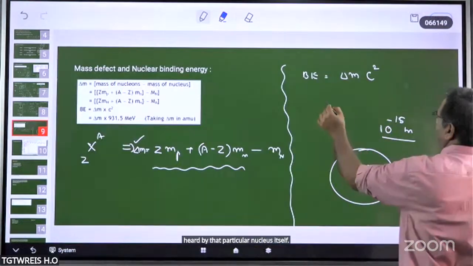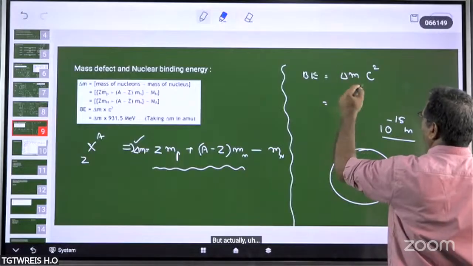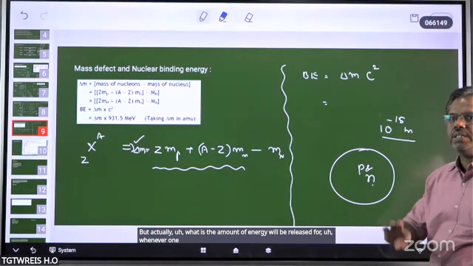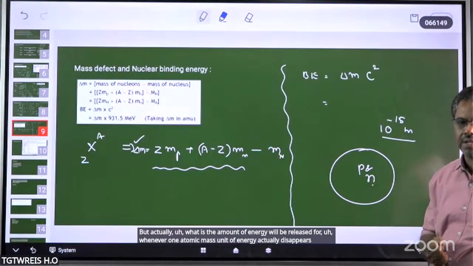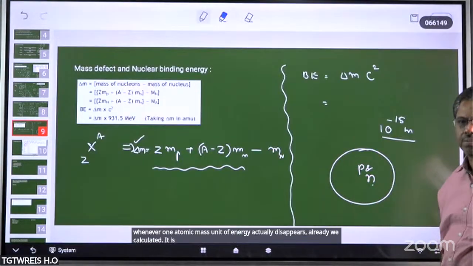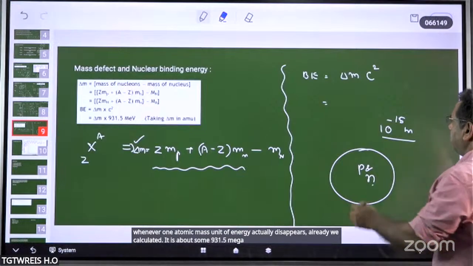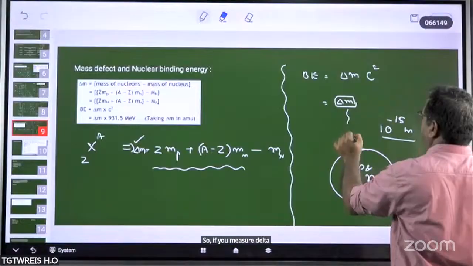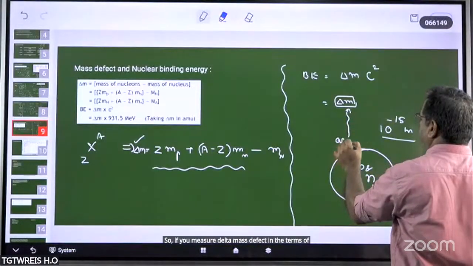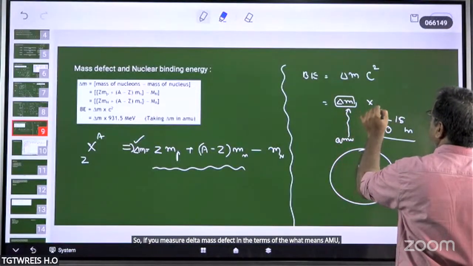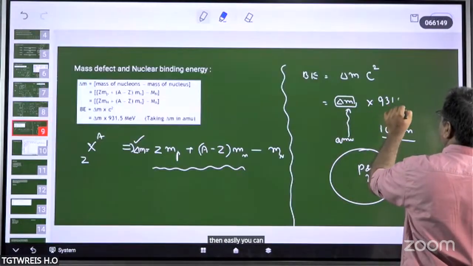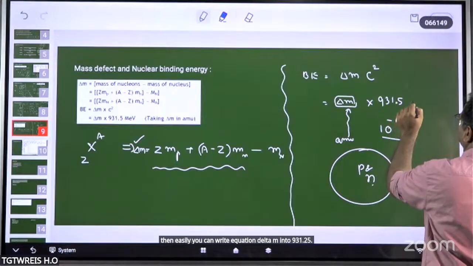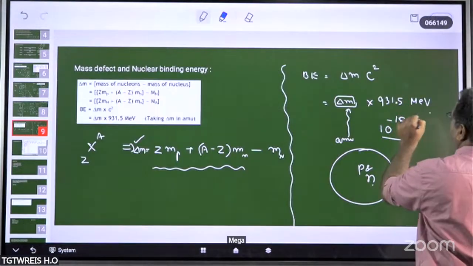But what is the amount of energy released whenever one atomic mass unit of mass disappears? We already calculated it is about 931.5 mega electron volts. So if you measure the mass defect delta M in terms of AMU, then you can write the equation: delta M into 931.5 MeV.